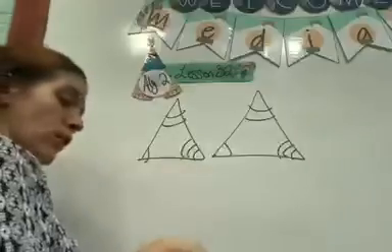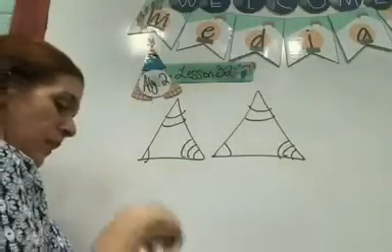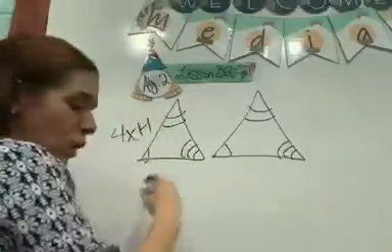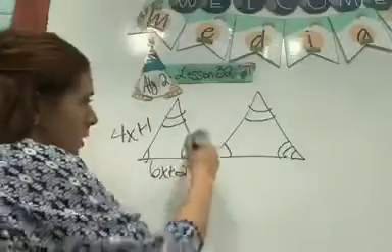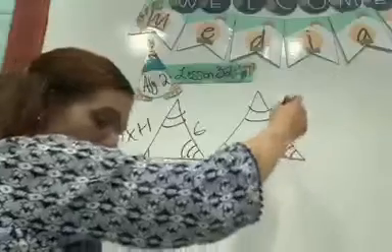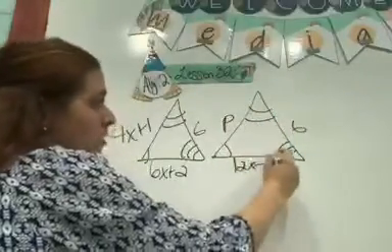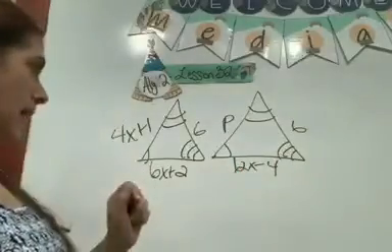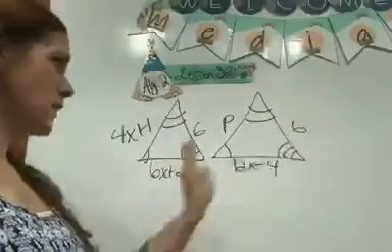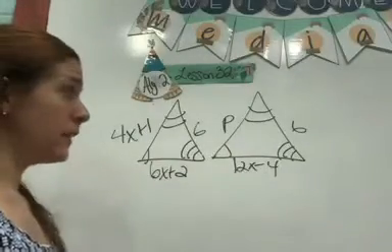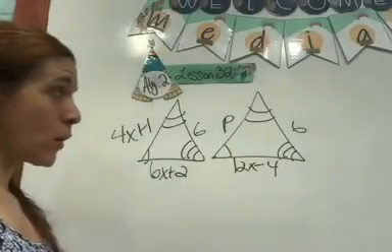However, what you're going to look for in example 5 is that there's also something new to look at. Yes, we could set up ratios and find our answer. We could say 6 over 6 equals this over this, and solve our equation.